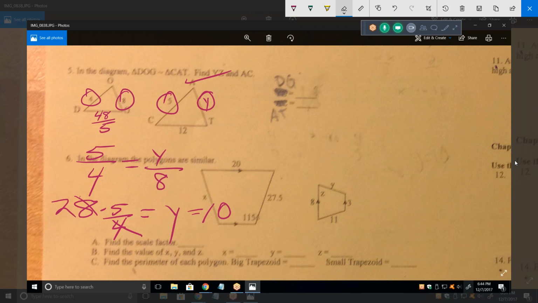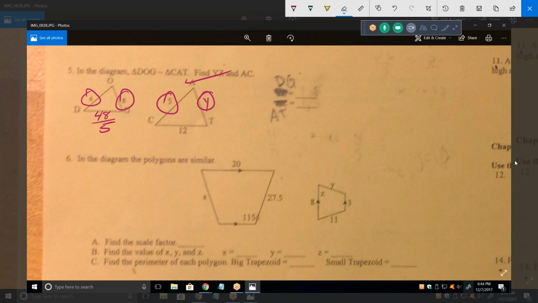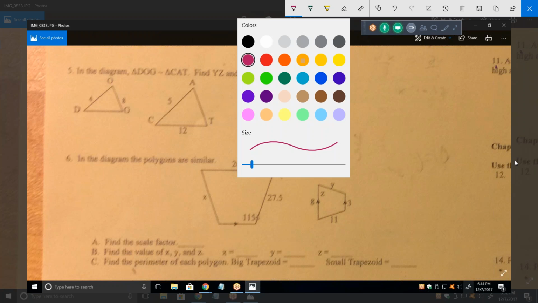Now, let's talk about something else about similar triangles. It's very important. Not only are each side of cat the same proportion to each side of dog in a 5:4 ratio, but another thing is true, and that is that this side is, excuse me, hold on a second.